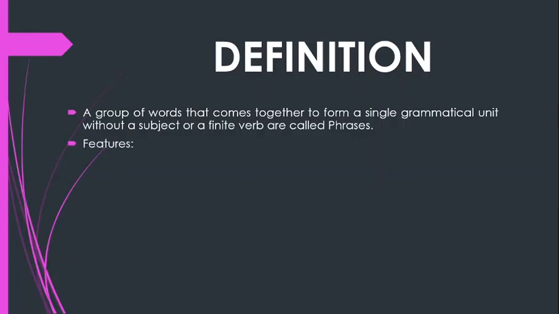Now, the features. We have already discussed the various features of a phrase, so let's have a look at them. As you can see, there will be no subject at all, no finite verb as well, and therefore no complete meaning. Verb is the most important part of any sentence.